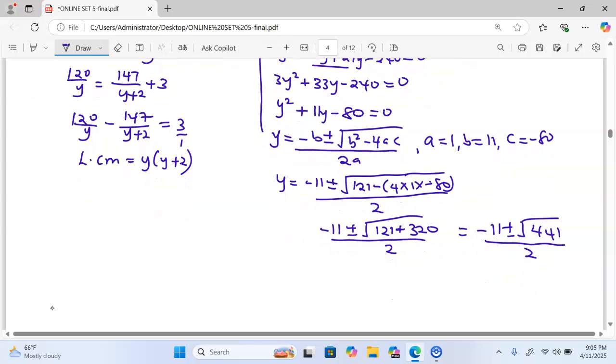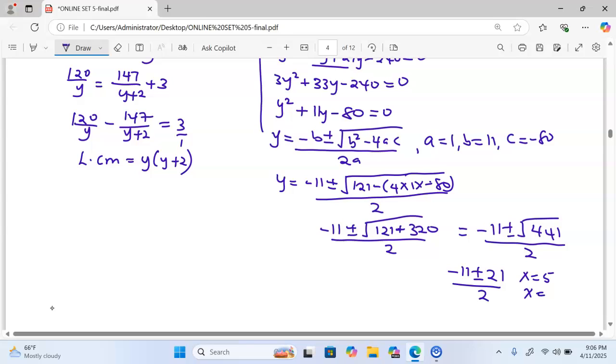We can proceed. We are going to have negative 11 plus or minus square root of 441 will give us 21, divided by 2. The first value of y in this case is going to be equal to negative 11 plus 21, which is 10, divided by 2, you get 5.